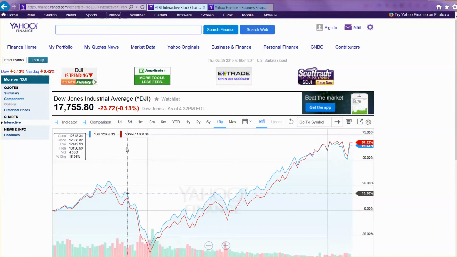But at any rate, the two that I have, the Dow and the S&P 500, move fairly closely together. So when one index dropped here on September 1st of 2011, the other one had dropped as well. And when the Dow crashed in 2008, so did the S&P 500.